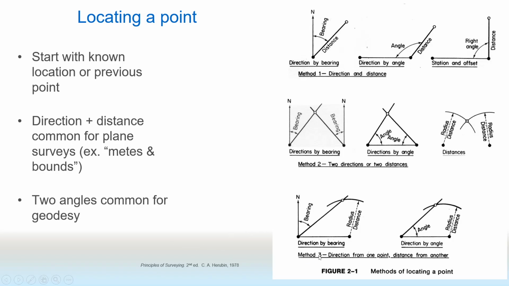And method number 3, direction from one point, distance from another point. This is also a possible method of location of a point.